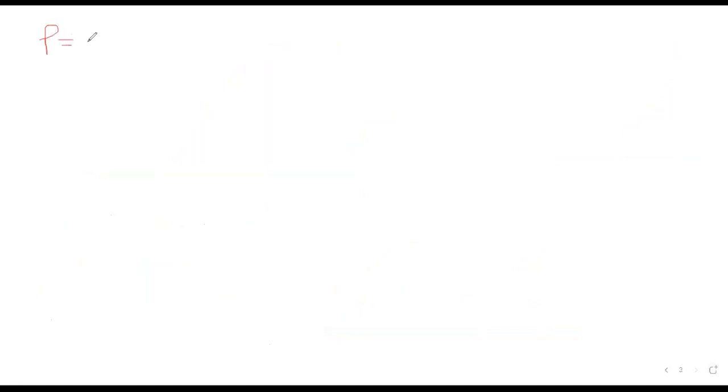Suppose our P, we are told, is 10. Then our total cost is 5 plus 9Q.